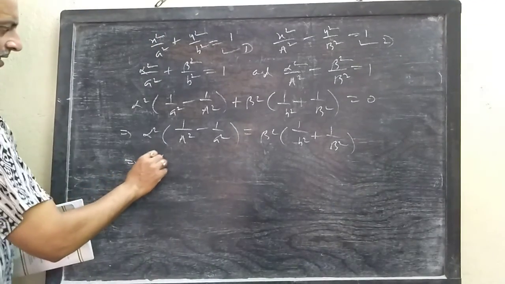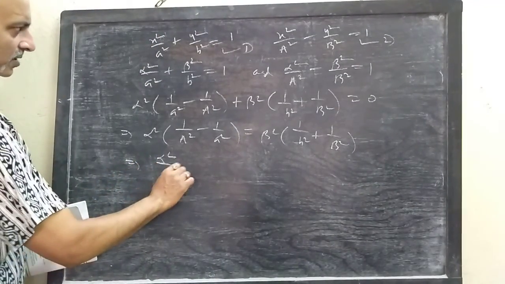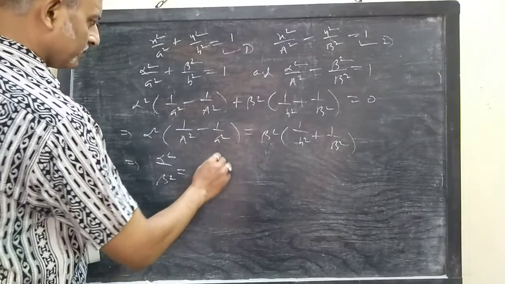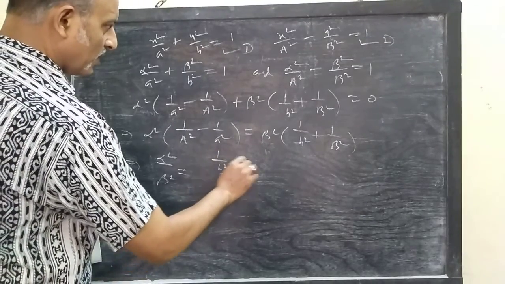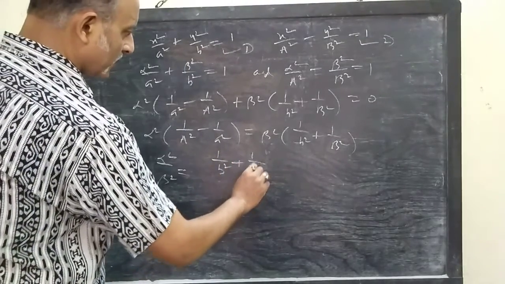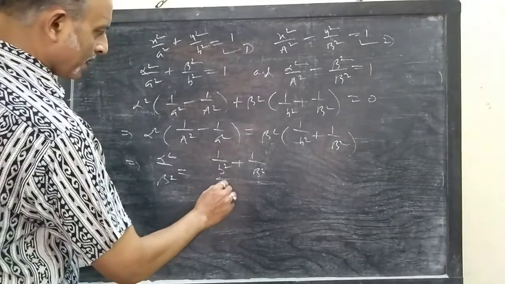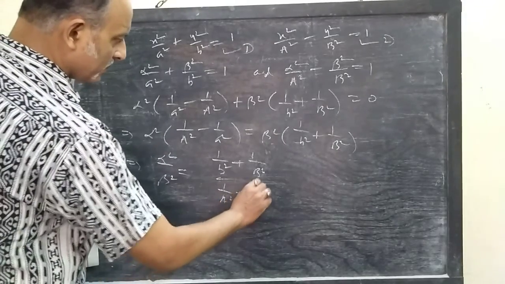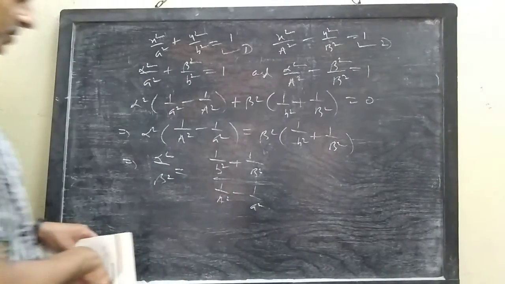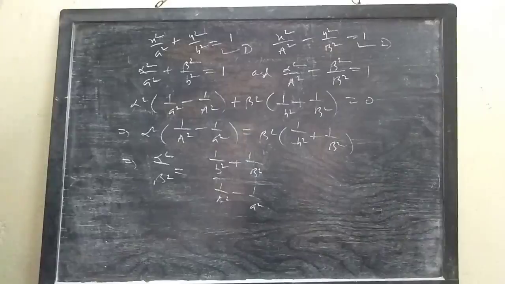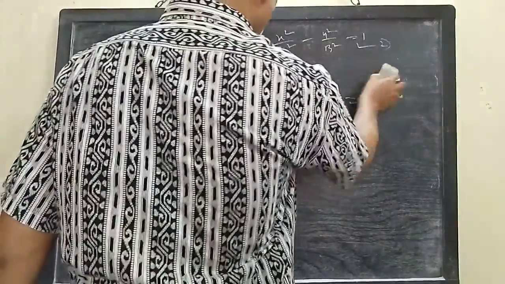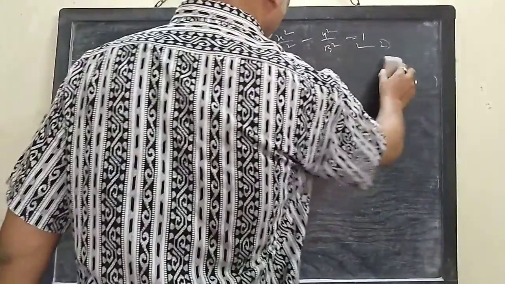So you ultimately get alpha square by beta square equals (1 by b square plus 1 by capital B square) by (1 by capital A square minus 1 by small a square). Now let us write this relation here.